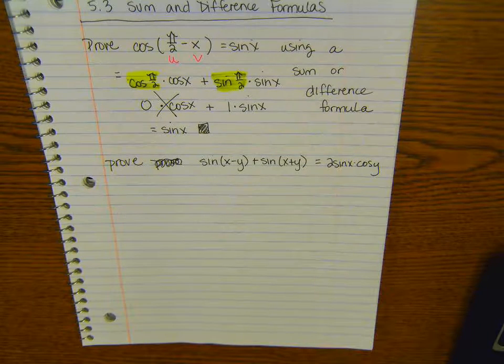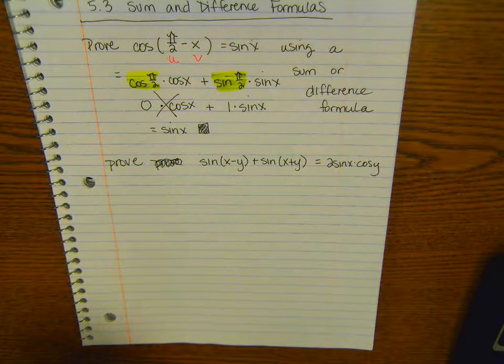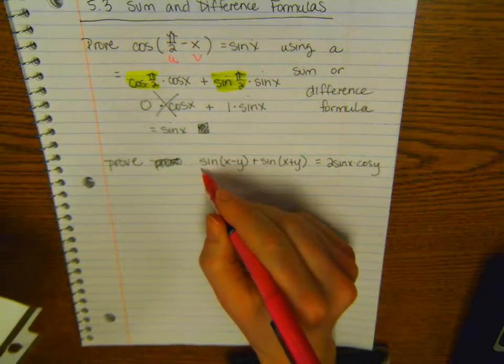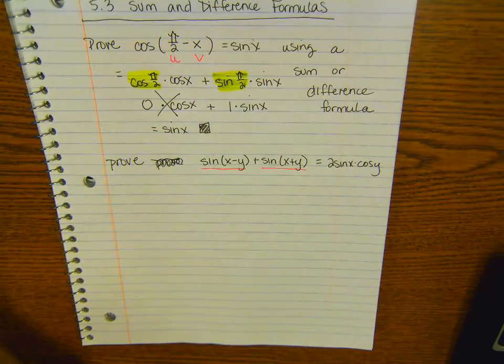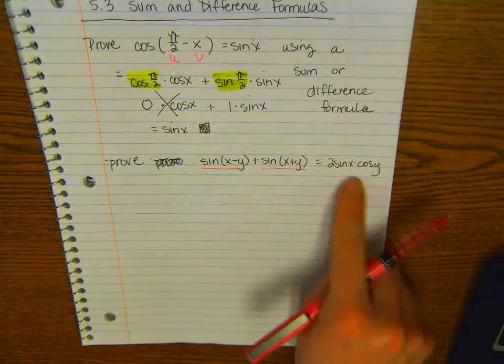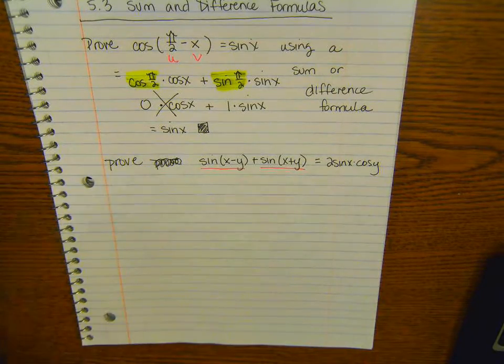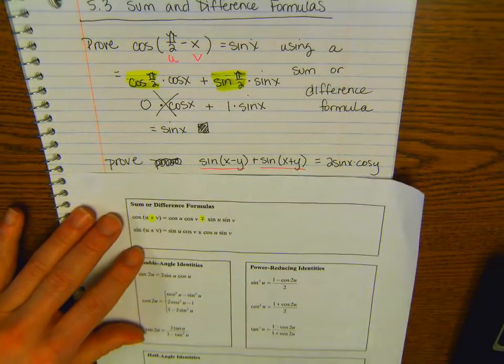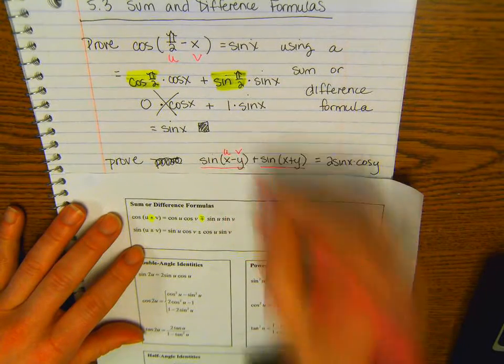Okay, so this time we're actually going to be writing two different expressions using the sine sum formula, and we're going to show that they equal 2 sine x cosine y. So again, once again, getting our trig property sheet out. When we do this the first time, we're going to make this our u and this our v.